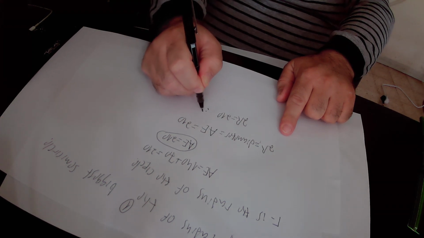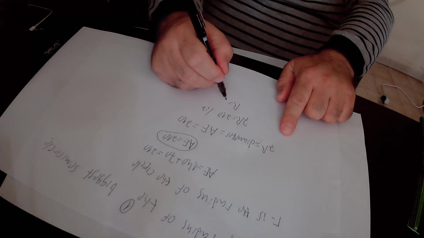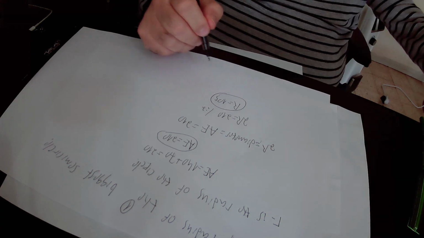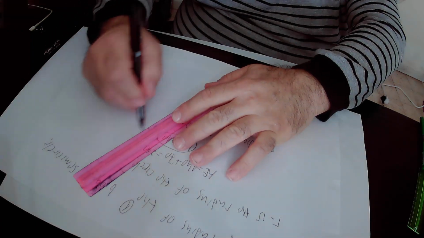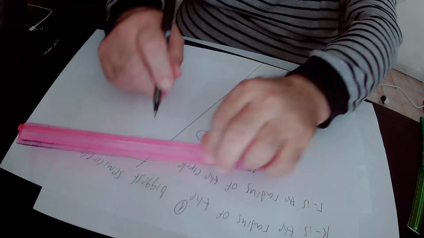Here we divide this equation by 2 and we get that capital R equals 210 over 2, that is 105 units. So we found out that the radius of the biggest semicircle equals 105 units in its length.